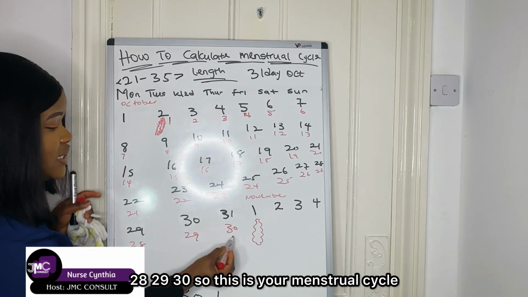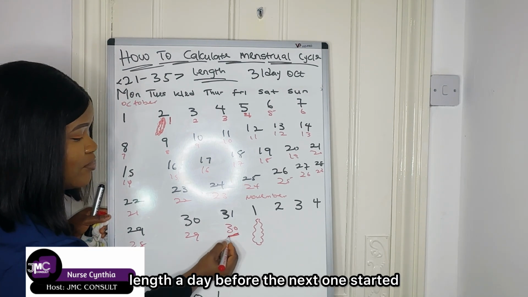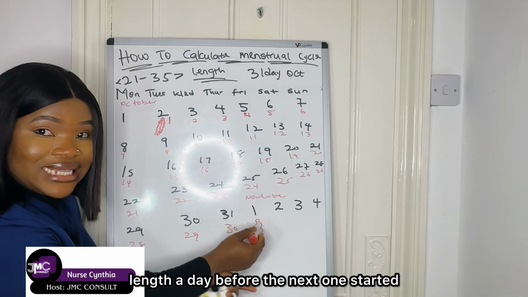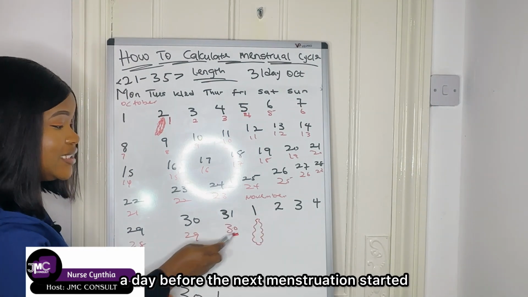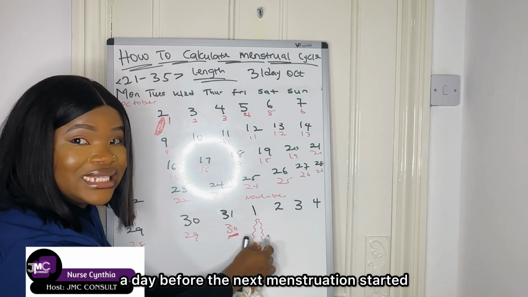So this is your menstrual cycle length, a day before the next one started. A day before the next menstruation started.